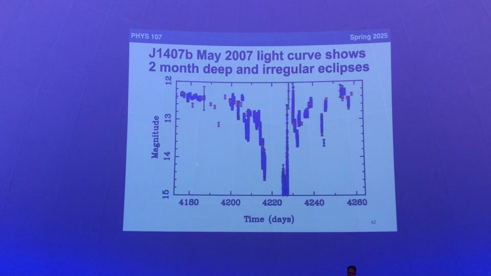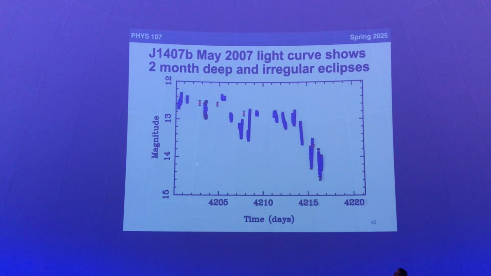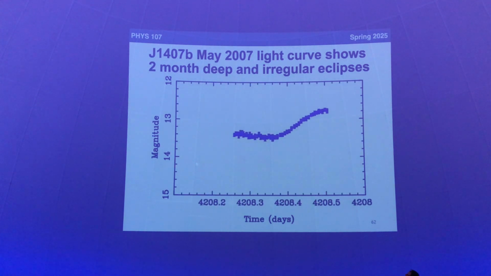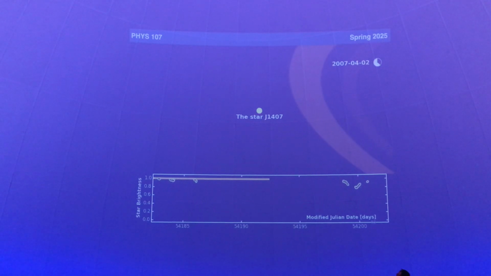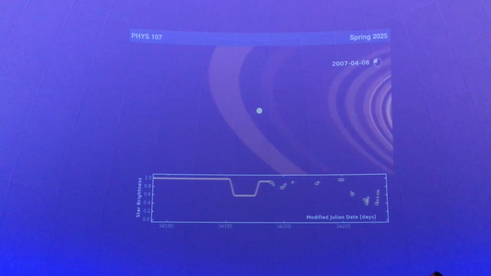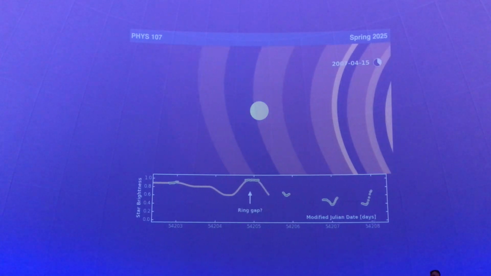Now, this is something that a friend of mine made, and I love this little visualization. He actually found a light curve, and it just kept going up and down, up and down. And he saw all these different dips and going back up and back down. And so what he was trying to figure out was what that was. So we saw a background star, and what he thinks happened was this massive Saturnian system.